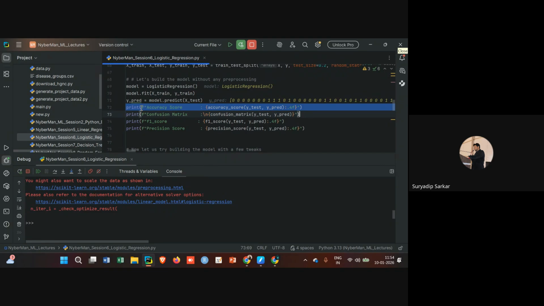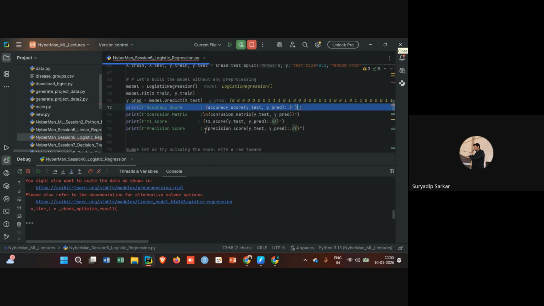You put an F before the inverted commas, and then you write whatever you need to write. And whenever you want to call a function or a variable, you put it inside curly braces. This .4f after the colon basically tells it to print the result with 4 places after the decimal.